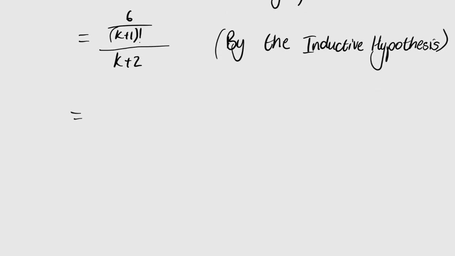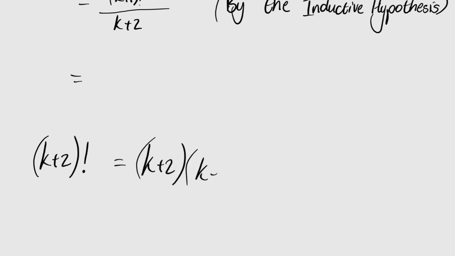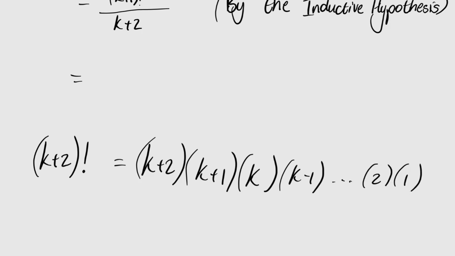Before I go on to the next step, I just want to explain something to you guys. If I have (k plus 2) factorial, that is equal to k plus 2 multiplied by k plus 1, multiplied by k, multiplied by k minus 1 all the way until 2, 1.